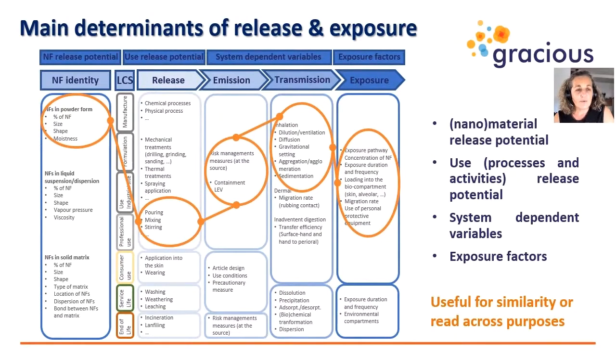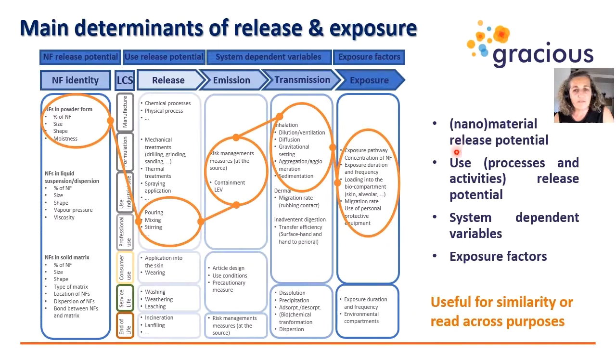And what we can learn also from all these studies is that there are a lot of determinants that we have to consider in terms of influencing the release and exposure.